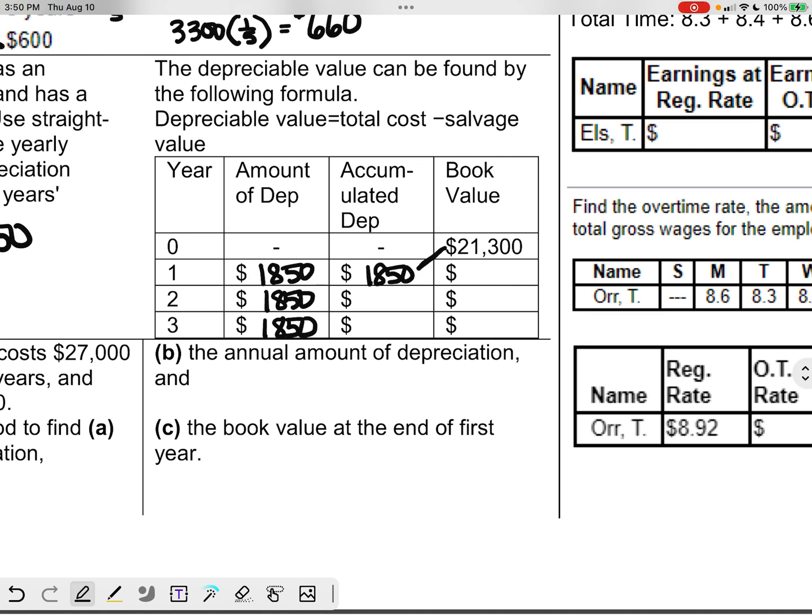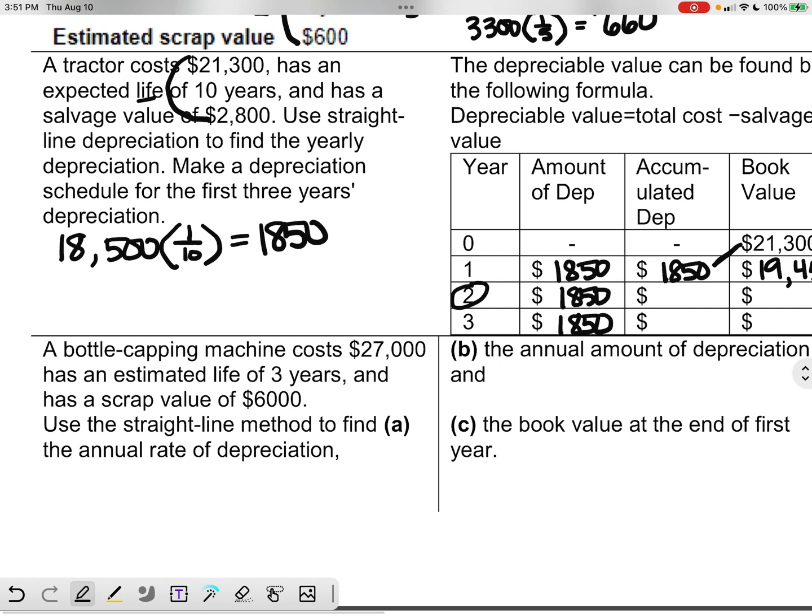Now take these two values that are right here and subtract those. So 21,300 minus 1,850. That will put you at $19,450. Then when we're at year 2, that means that we would have 2 of these. So 2 of the 1,850 puts us at 3,700.